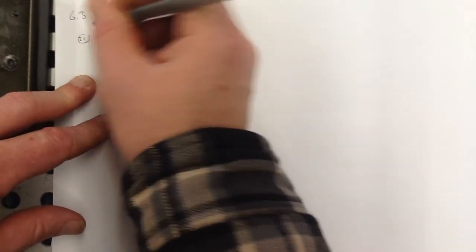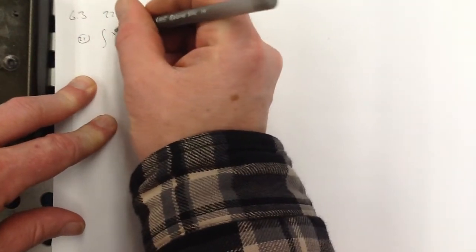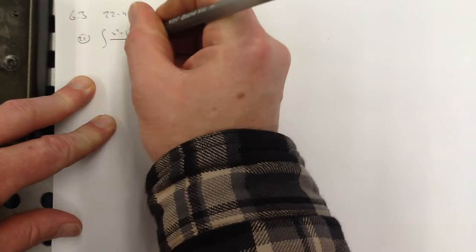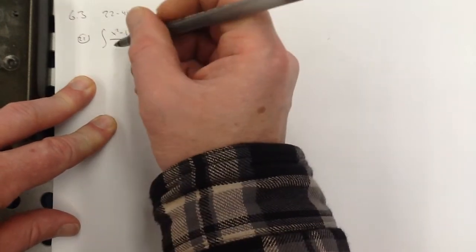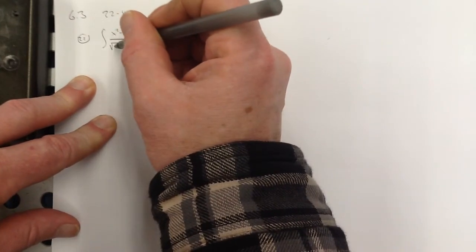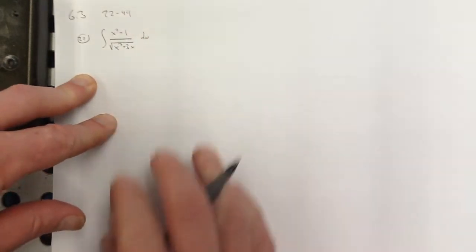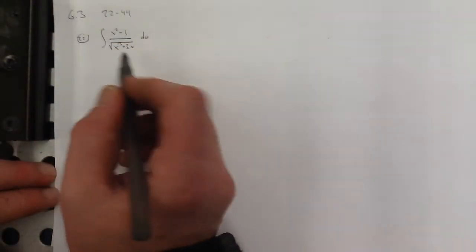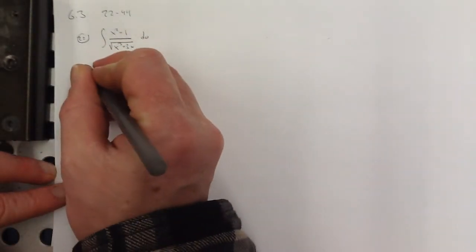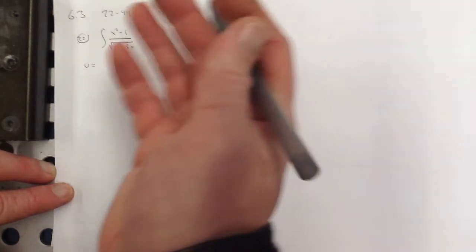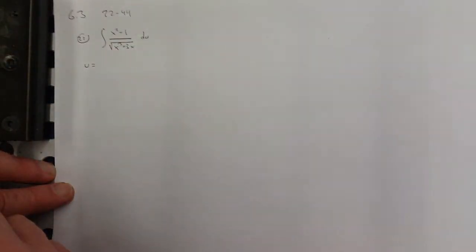Number 22, we've got x squared plus 1 over the square root of x cubed plus 3x du. So what can you do with that? Well, we're trying to find the antiderivative of this. It's not just like look at it and recognize what it is.